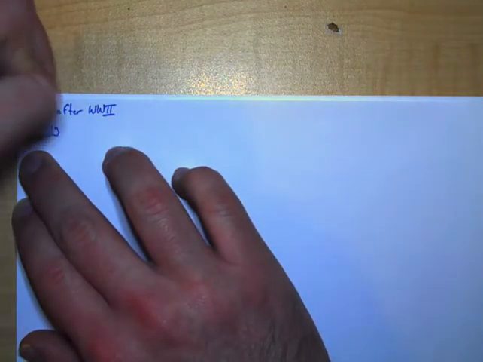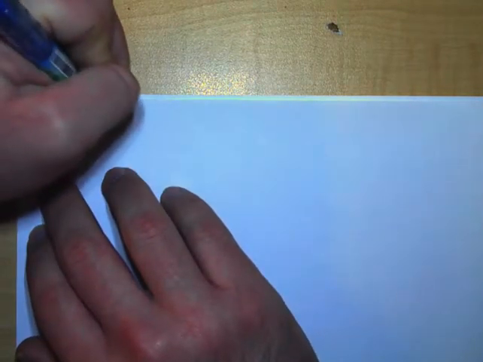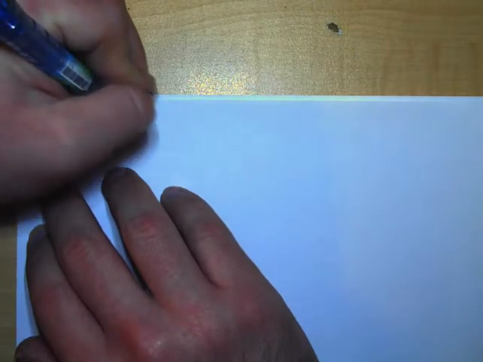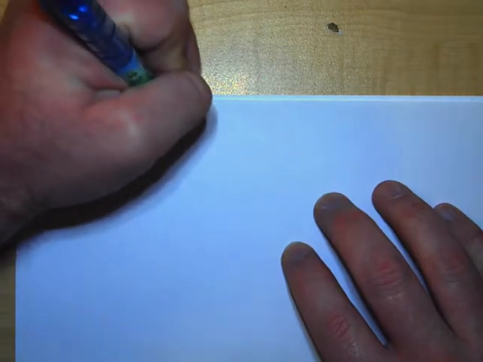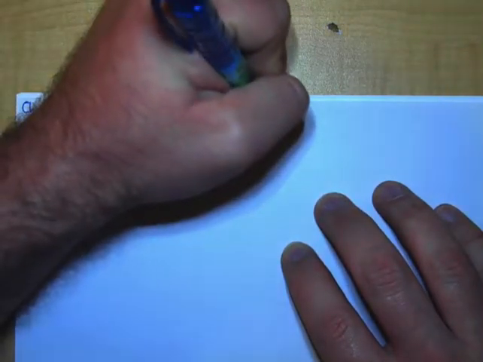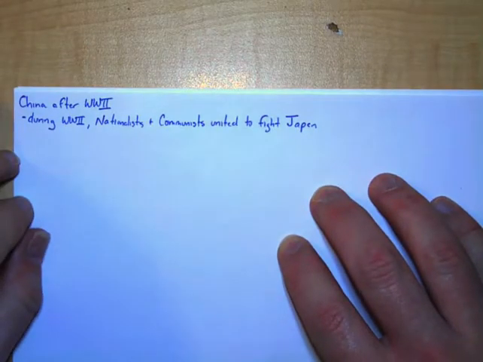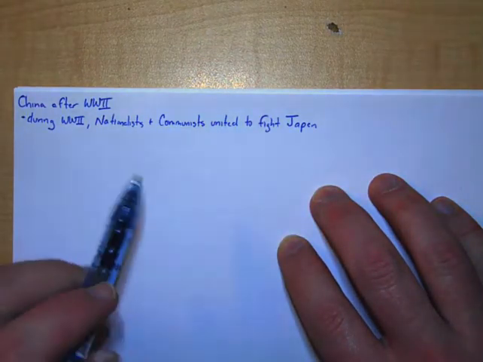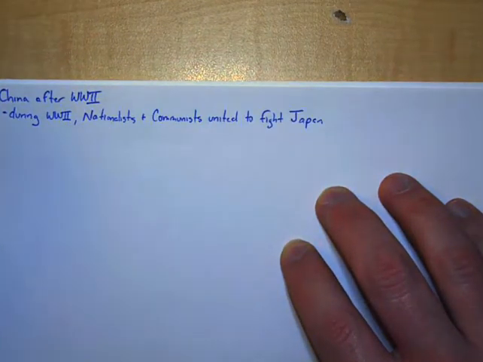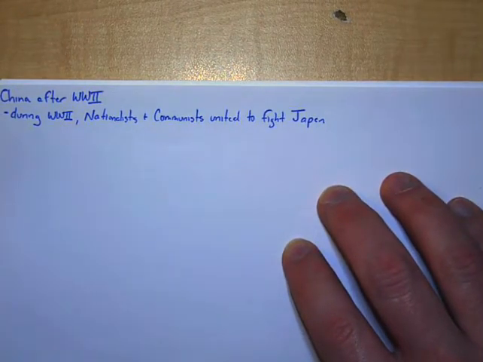During World War II, the nationalists who had taken power of China and the communists united to fight Japan. Now, they had just finished with a civil war, but they realized that if either one of them was going to rule China in the end, they had to finish dealing with Japan.